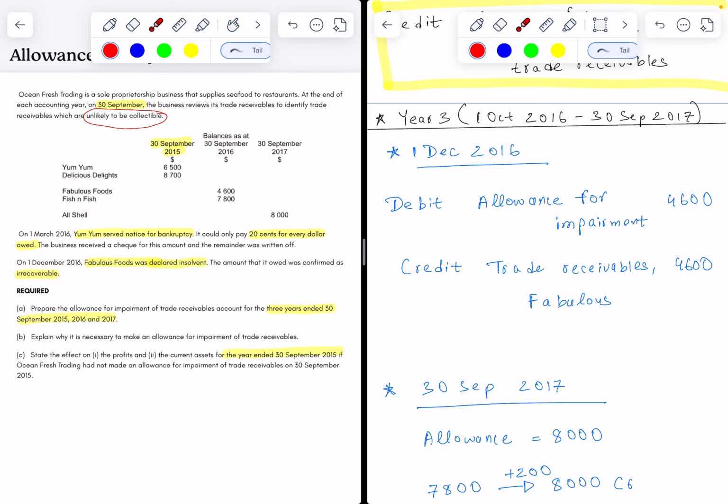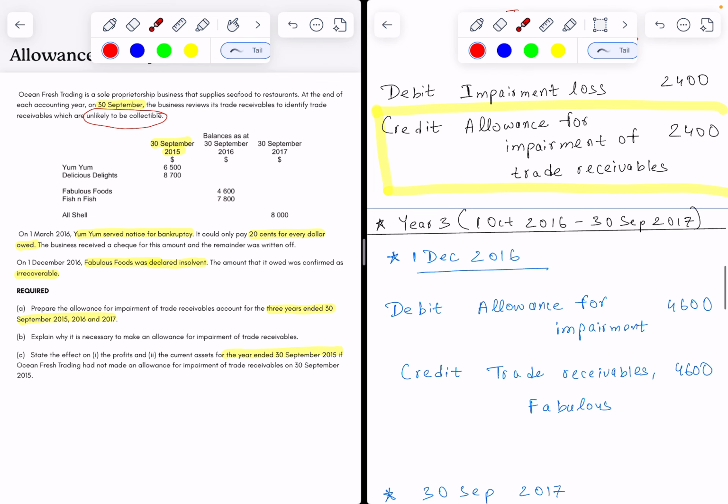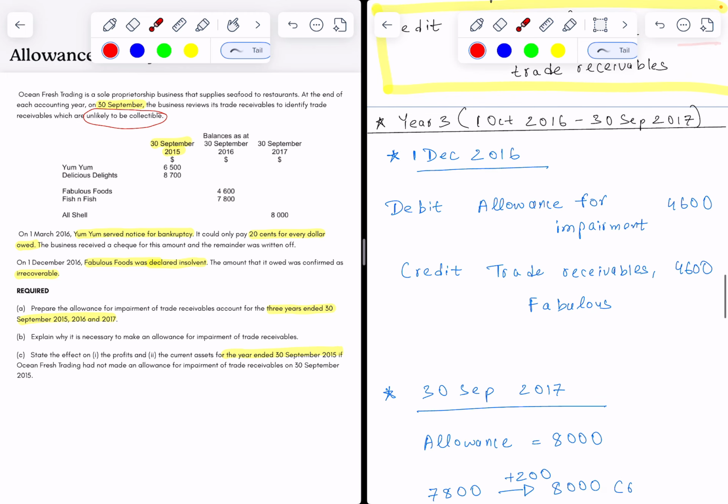So we originally had some allowance stored, which was $2,400 based on what happened at the end of 30 September 2016, or at the end of year 2, right? So what's happening now is that we have got confirmation, and therefore this allowance for impairment account now has to go down. Therefore, we have to debit it, because when contra assets go down, we debit it. So we are debiting the allowance for impairment by $4,600, okay?